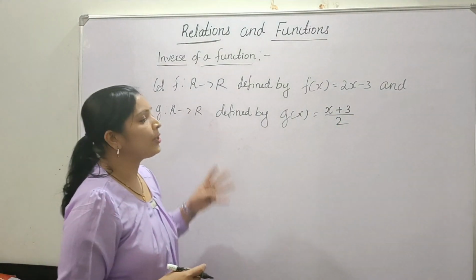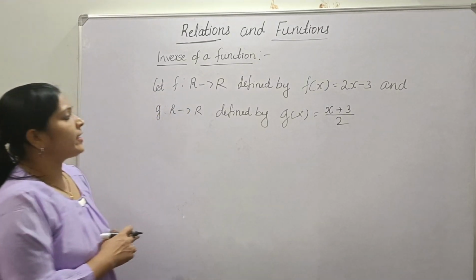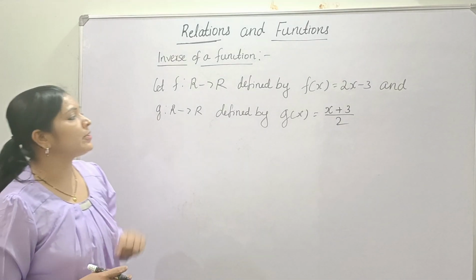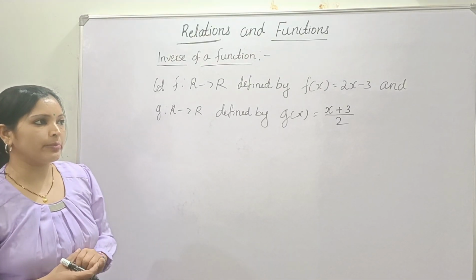So here we have defined two functions f and g. f is defined by f of x is equal to 2x minus 3 and g is defined by g of x is equal to x plus 3 by 2.